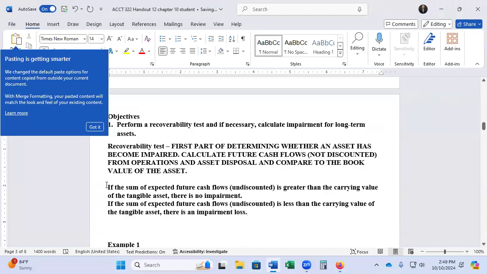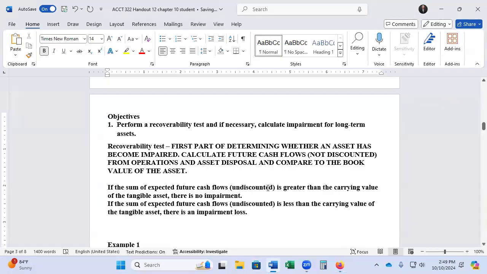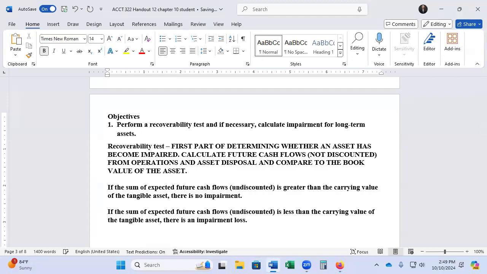So if the sum of expected future cash flows undiscounted is greater than the carrying value, there is no impairment. If the sum of the expected future cash flows undiscounted is less than the carrying value, then there is an impairment loss.